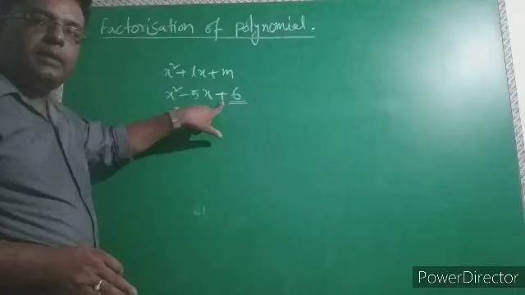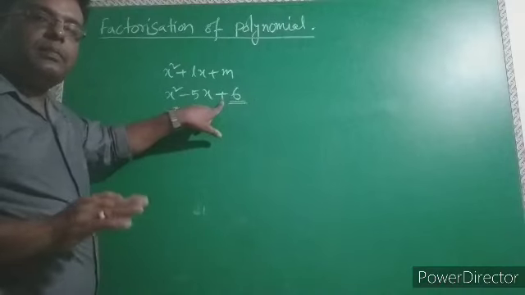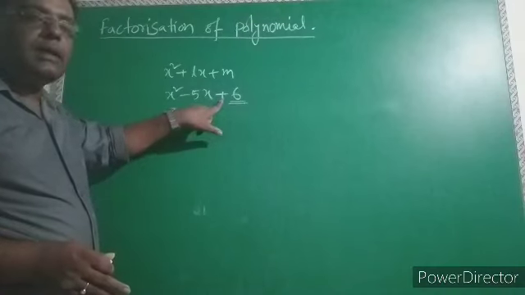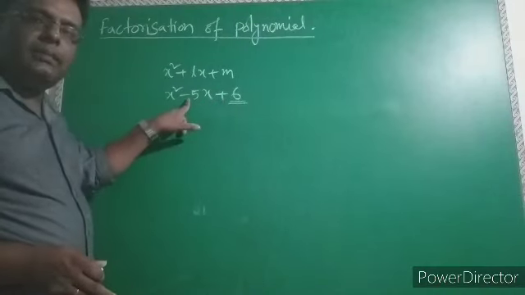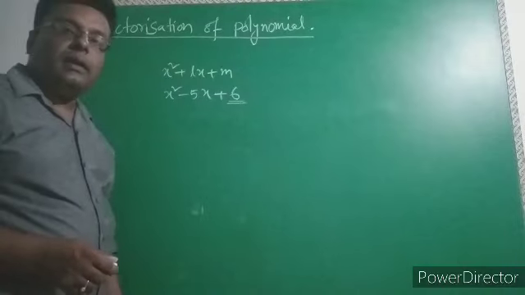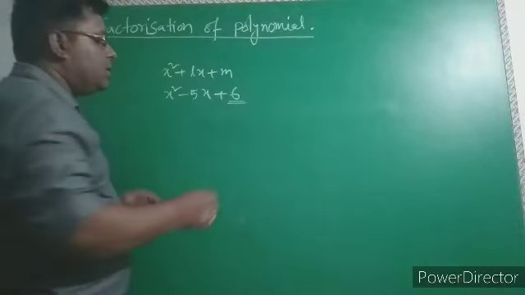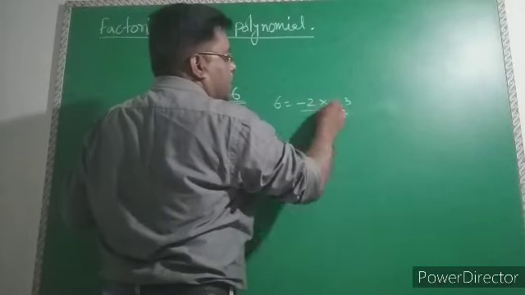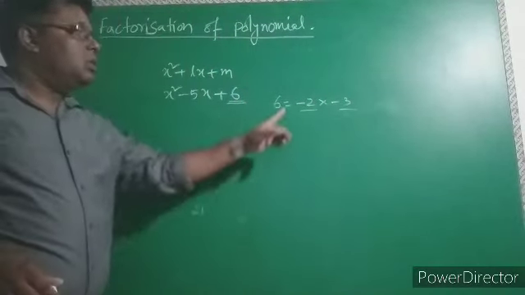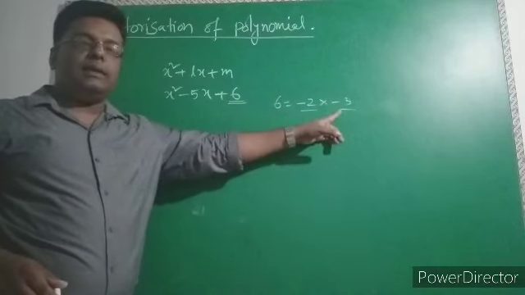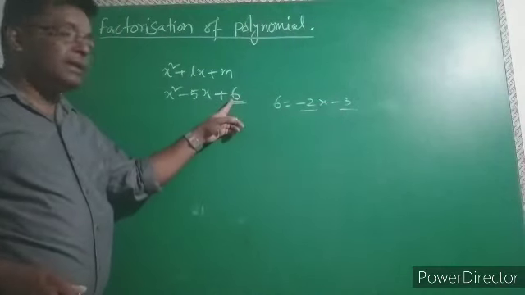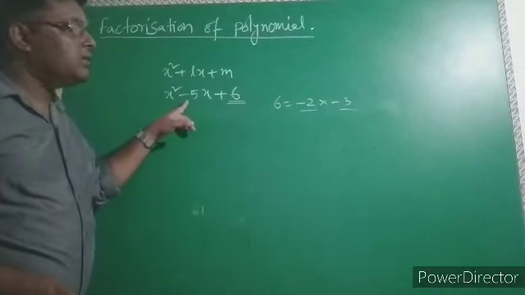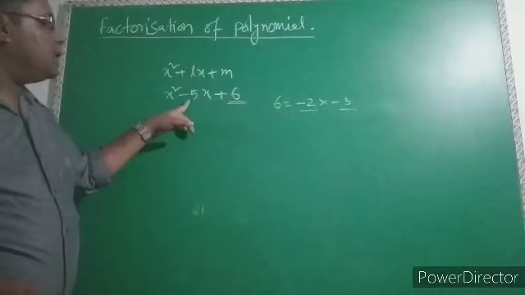Plus into minus cannot be plus. Plus into plus will be plus, or minus into minus will be plus. But since the sum is negative, both the numbers should be negative. So here we get 6 equal to minus 2 into minus 3. We get two integers whose product is plus 6, minus 2 into minus 3, and when we add minus 2 and minus 3, we get minus 5.